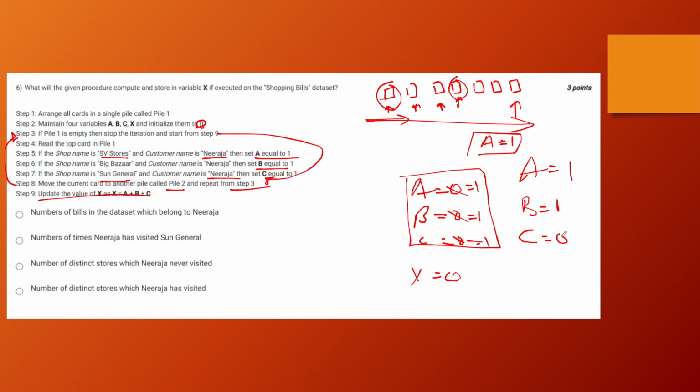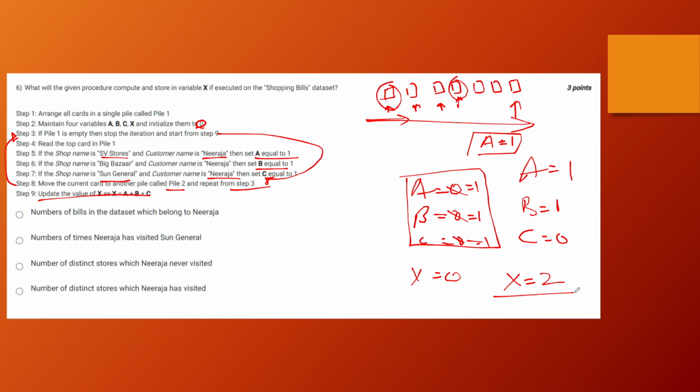At the end of iteration, when you have gone through the entire data set, the value of X would be 2. It would never say that she has visited Big Bazaar or SV Stores or Sun General. It would just say that Nirja has visited 2 distinct stores. It would not say which are the 2 distinct stores.